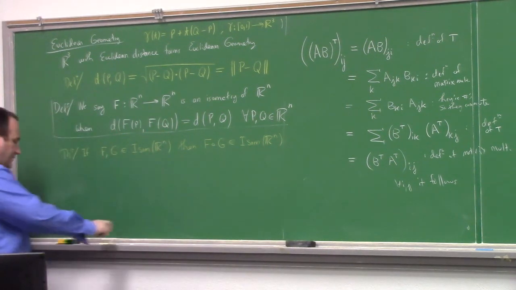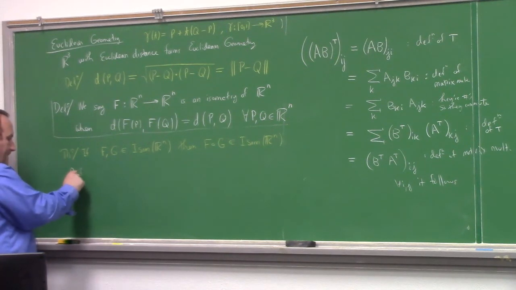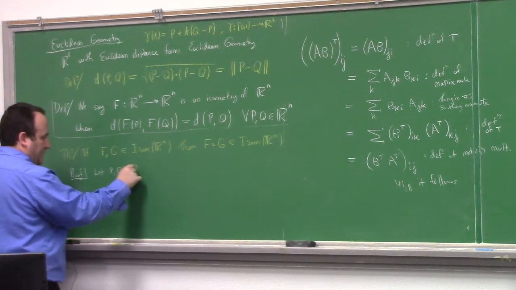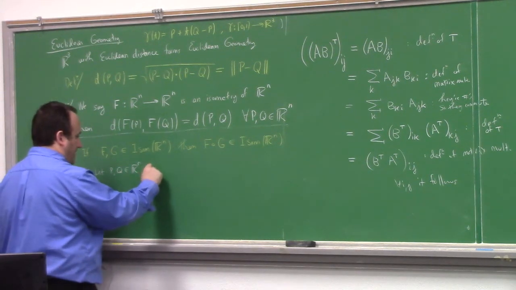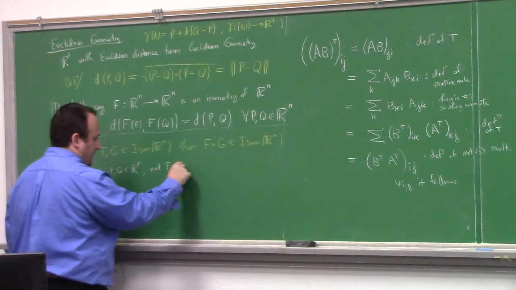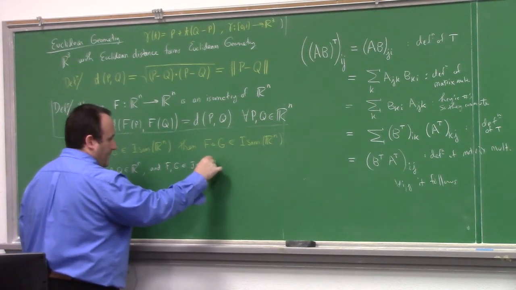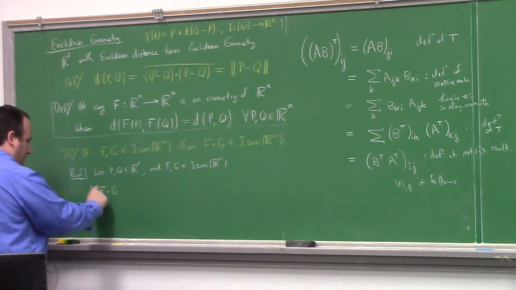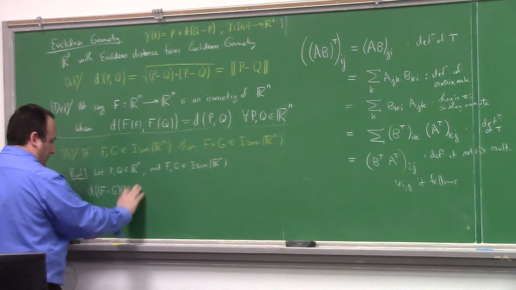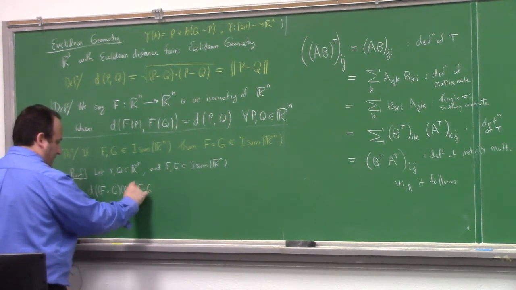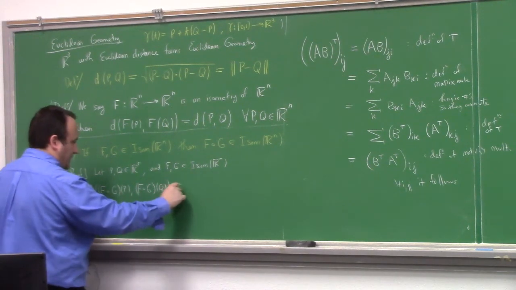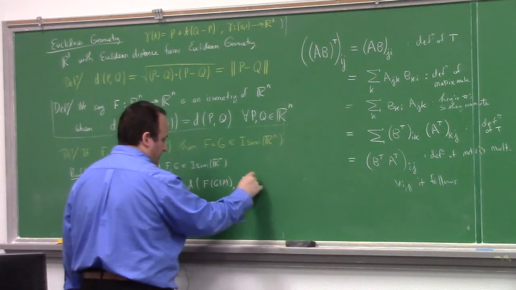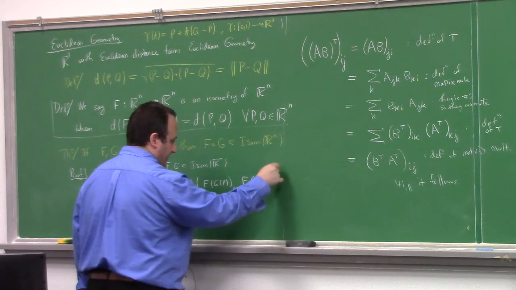Proof. Let P and Q be points in Rn, and f and g isometries. Then the distance of f composed with g of P, comma, f composed with g of Q is the distance of f of g of P, f of g of Q, by definition of composition, right?